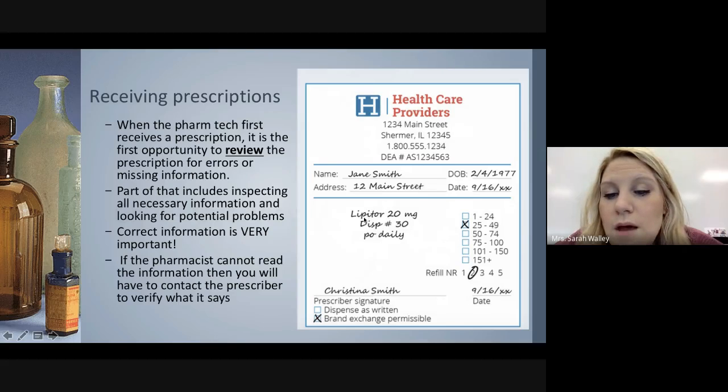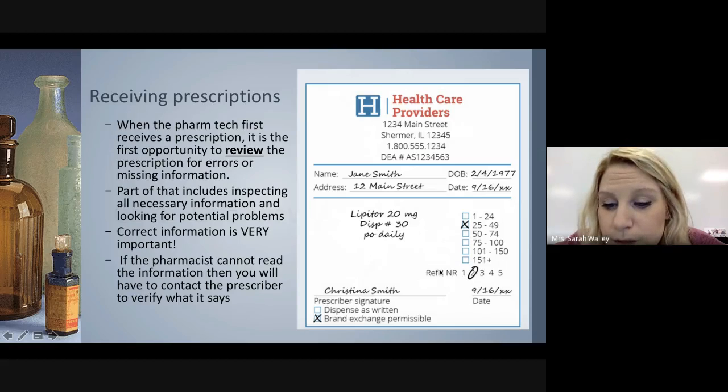So they're going to be 20 milligram pills. You're going to dispense 30 pills, and it's by mouth, which is PO, and then daily. They didn't even say one by mouth daily, but you would infer that they would be taking one daily. Sometimes doctors aren't really explicit in their directions, so you would go with one by mouth daily.